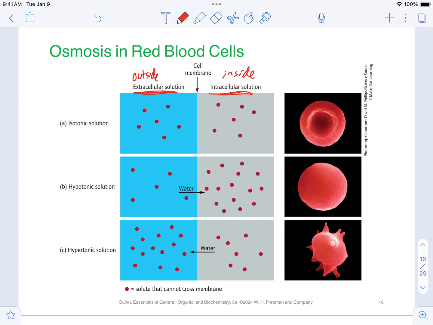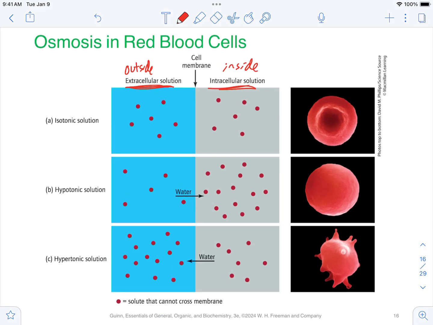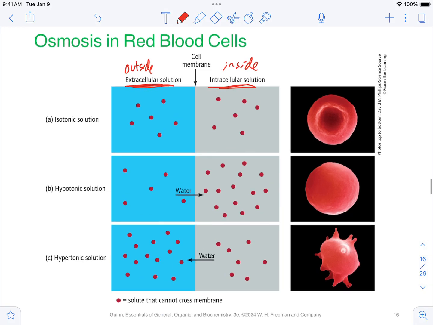When these red blood cells are immersed, you can see right now in A, it's an isotonic solution, the concentration is the same. And you can count your little dots here. These are your particles, there are 6. So isotonics are the same. In an isotonic solution, you will have no net flow of water. Nothing needs to happen.